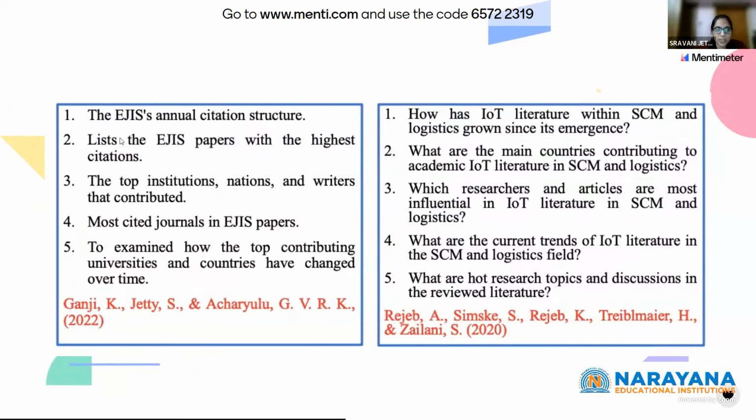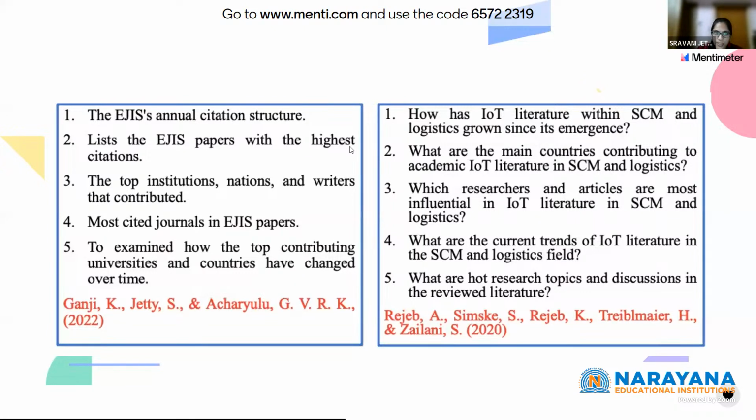The first objective is related to the paper authored by Kashmira and myself. Here, the main objectives for us are related to the journal, to see the structure of the journal. EJIS is the European Journal of Information Systems, which is one of the topmost journals in the field of information systems. So here we are studying the annual citation structure.